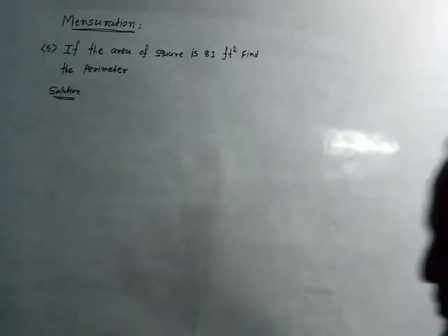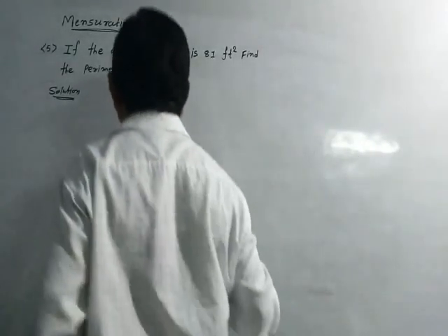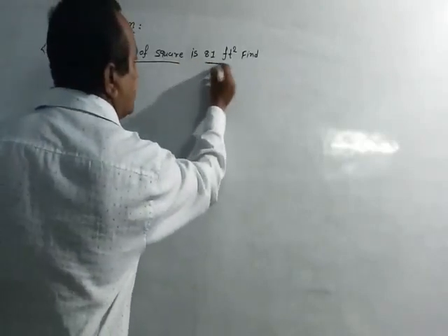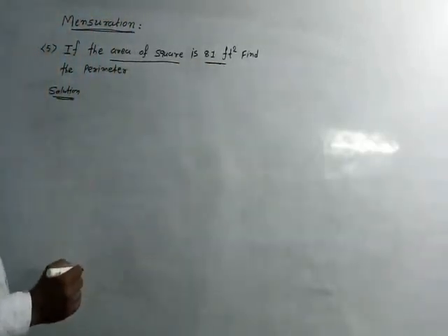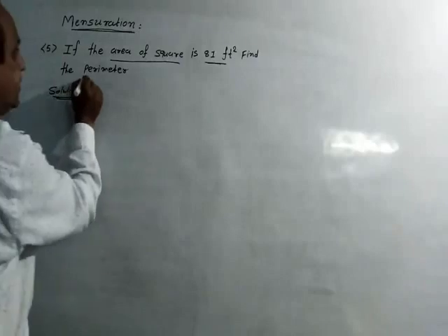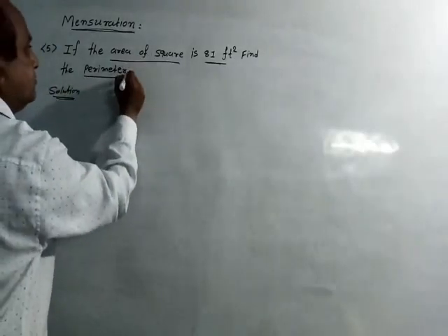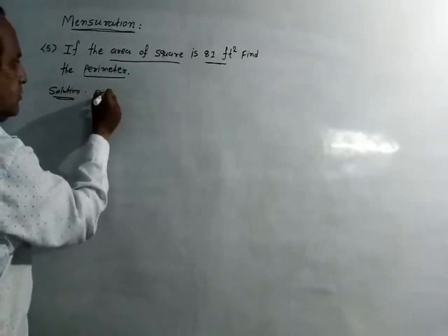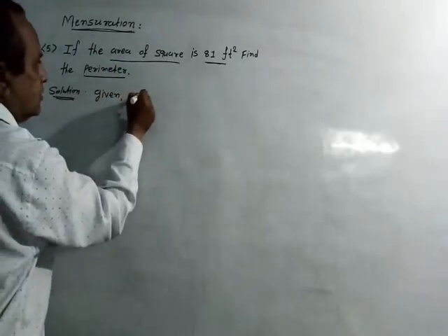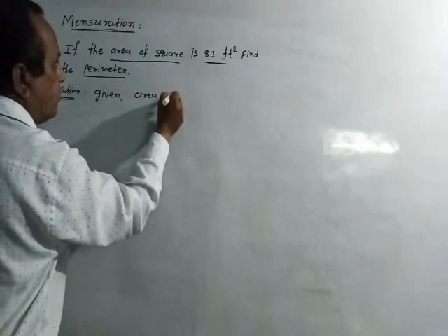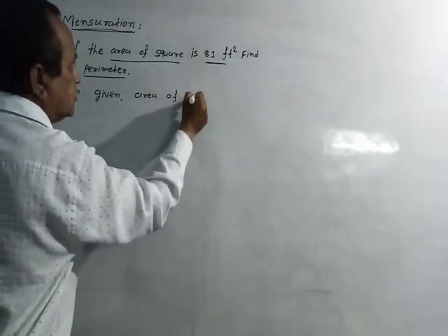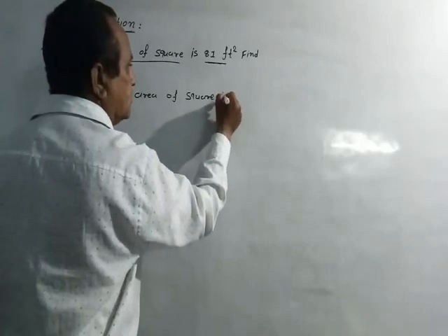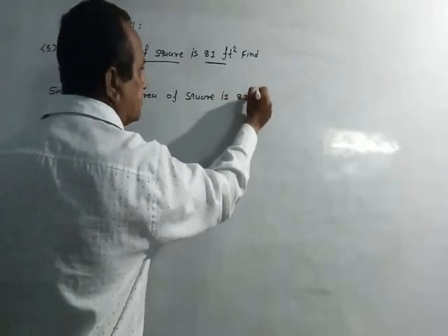Now example number 5. If the area of a square is 81 feet square, then find its perimeter. Here given the area of the square is 81 feet square.